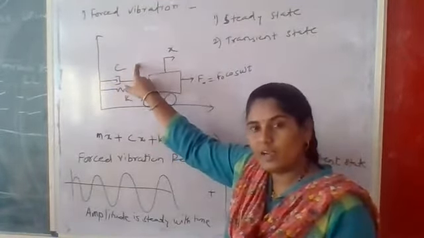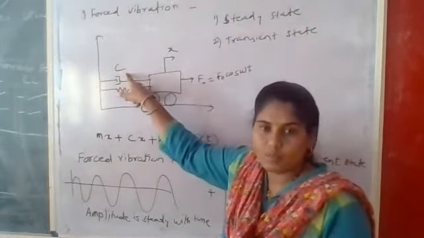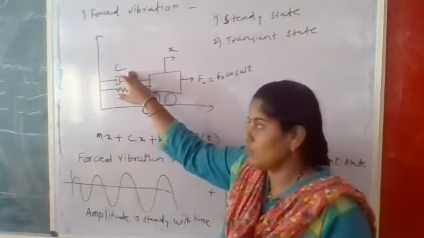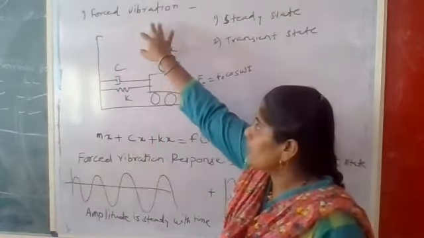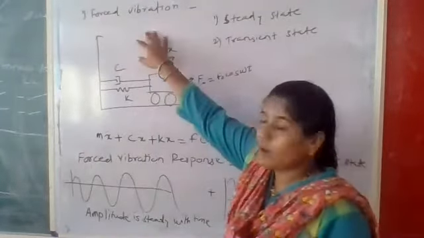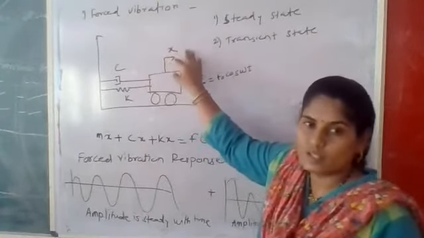If C is provided, then it is a damped system. If C is not provided, that system is an undamped system. So we have to go for the derivation for two types with respect to damping: forced vibration of a damped system and forced vibration of an undamped system.